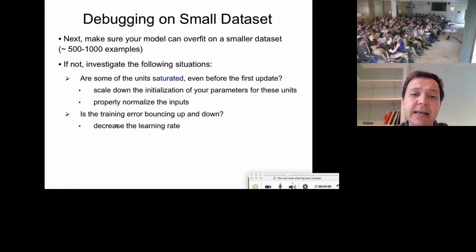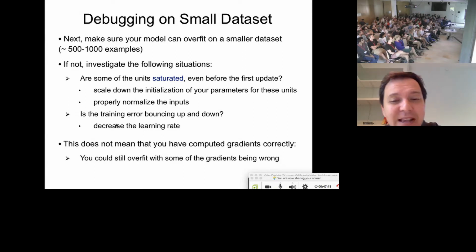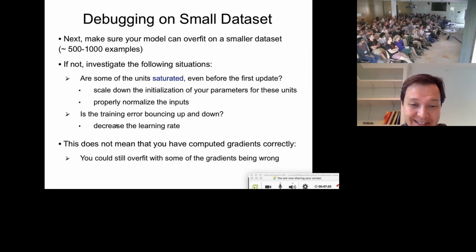Because that basically means that your learning rate might be too high, and the optimization is not really working. Now, this doesn't mean that you've computed the gradient correctly, right? You can still overfit with some of the gradients being wrong. That actually happened to me multiple times when your gradient computation is not quite right, and it's very hard to test whether it's correct or not.